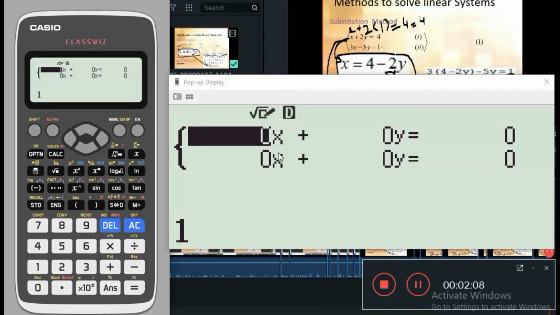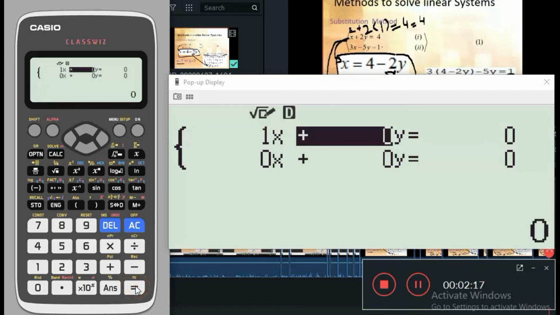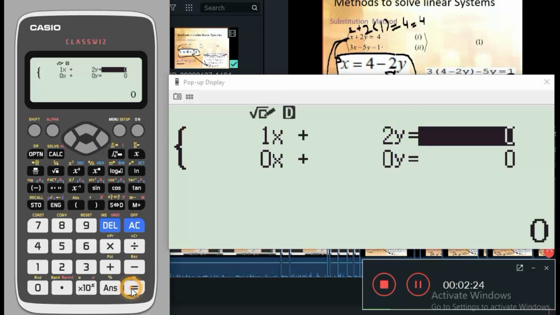After pressing 1 you need to press equal. Write the coefficient of y, that is 2. After pressing 2, press equal. On the right hand side we have 4, press 4 and then press equal. Now come to the second equation.